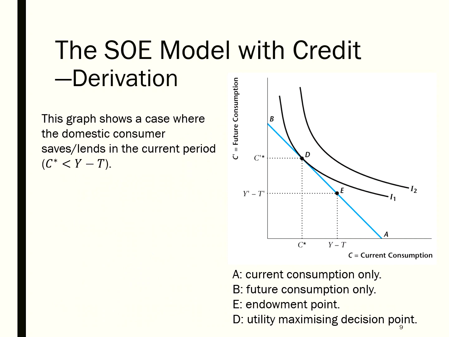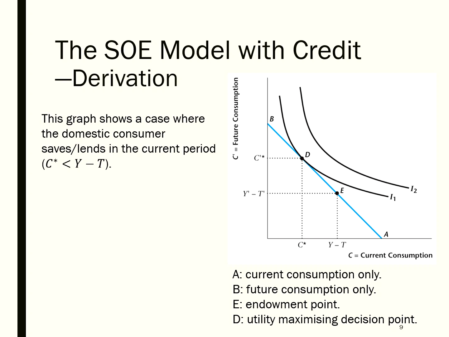The graph on the right shows you how to graphically determine the optimal choice for a country that is a lender in the current period. As discussed in the previous slide, to draw the combined budget constraint, we need to choose two special points to fix this line. Point A is when all the endowment is consumed today, point B is the special case when all the endowment is consumed in the future period, and point E is the endowment point if you do not borrow or lend.